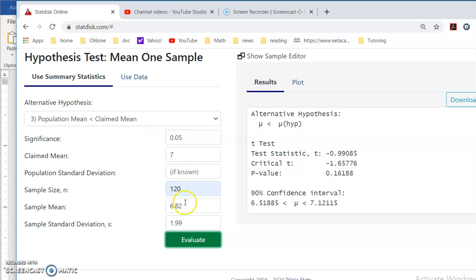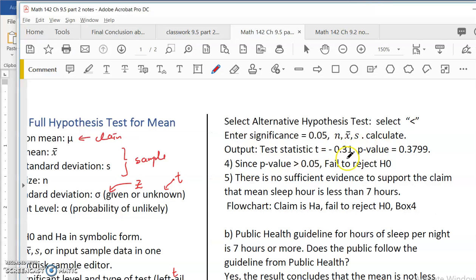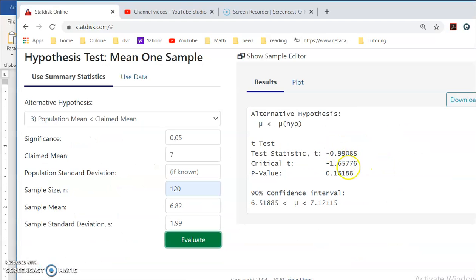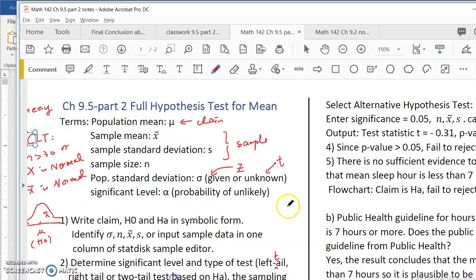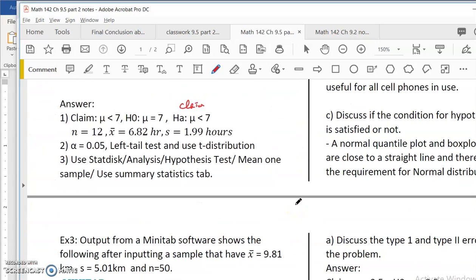Less than 6.82. Maybe I have a wrong number here. Let's check if I have some wrong number or not. 1.99, 6.82, and so yeah, less than.